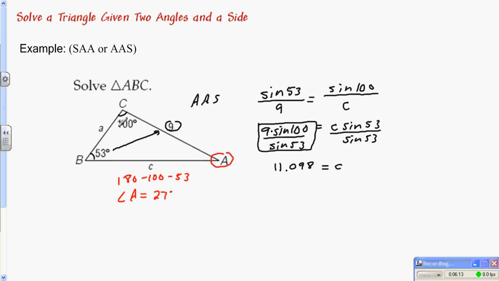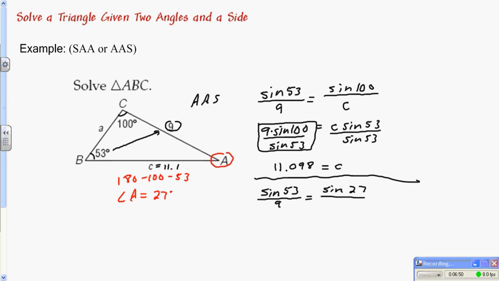So we have C, which is now about 11.1, 9, and we need the third side. Well, it's not a right triangle, so we cannot use Pythagorean, but we can use law of sines again. So let's start the same way: sine 53 over 9 equals, we know what angle A is now, so sine of 27 over its opposite side.